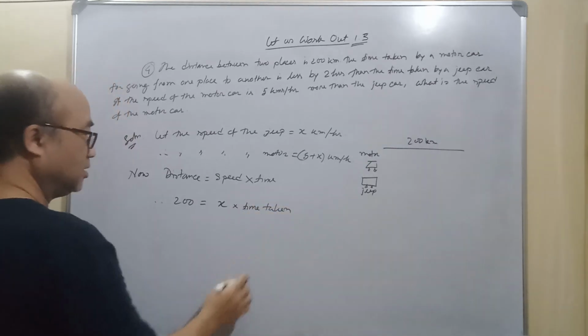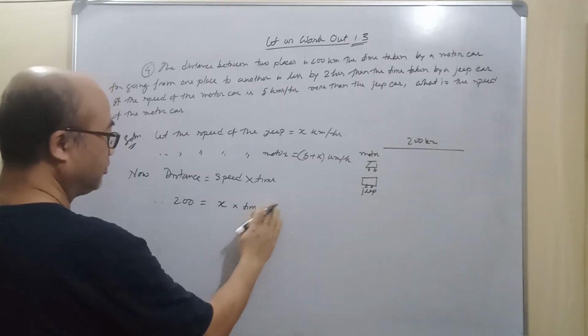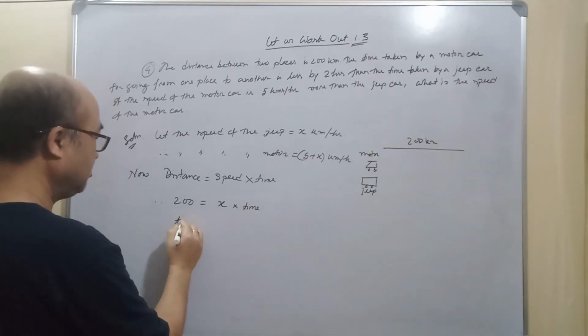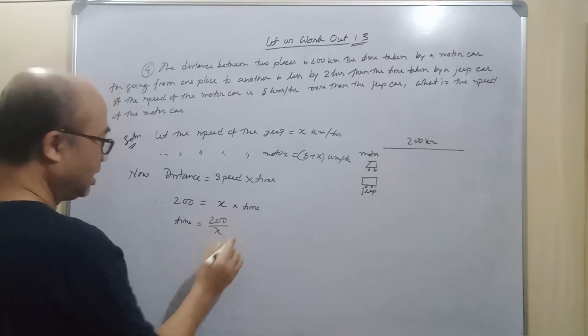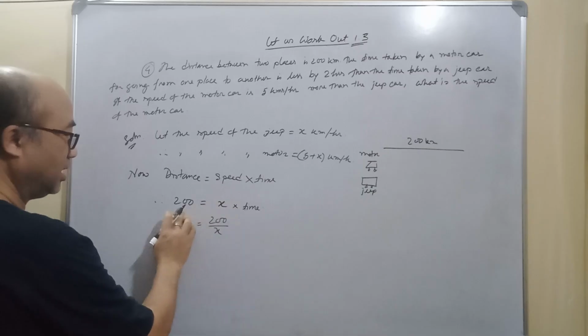Time taken, or simply time, is 200 by x. Divide 200 by x, we get the time.